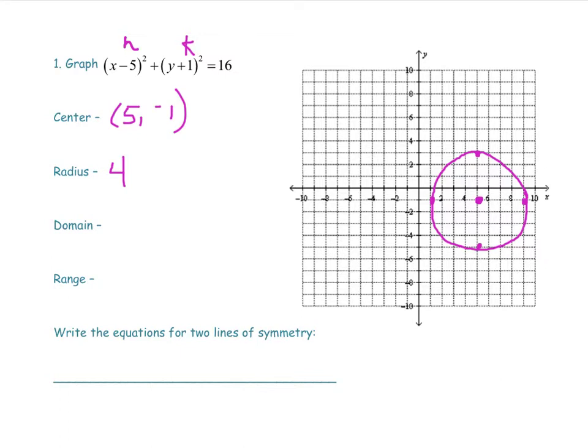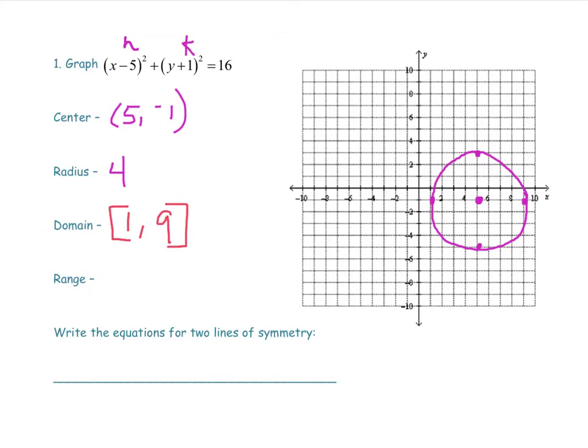So for our domain, we're literally saying, okay, we start here and we'll find this x value where it crosses the x-axis, which is x equals 1, and it goes all the way over to here, which would be x equals 9. So this domain would be from 1 to 9. And it can equal 1 and 9, so we want to put a bracket and not a parenthesis.